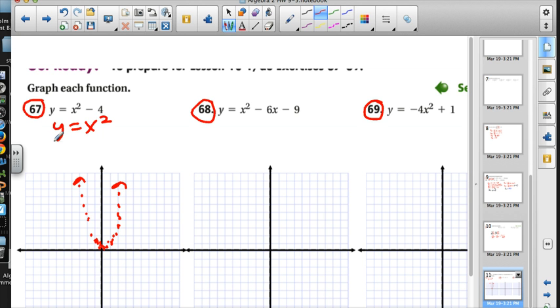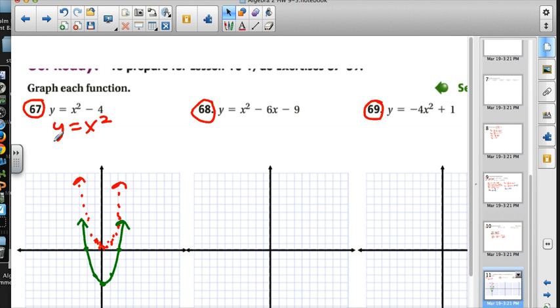Hardboard is still graphing a little high here. And I need to move that down 4 units.